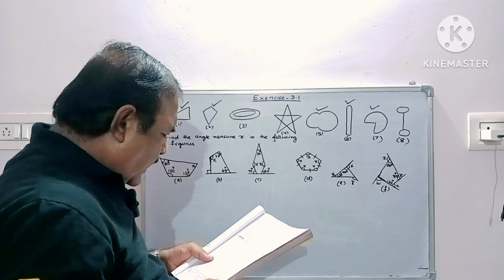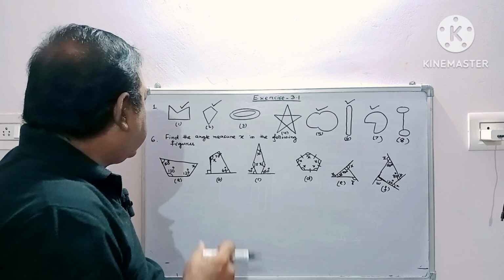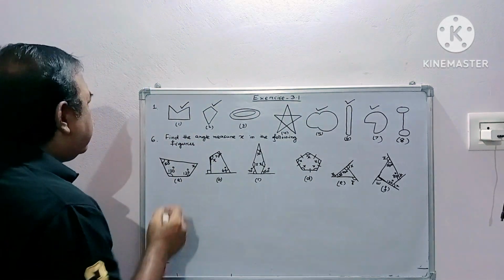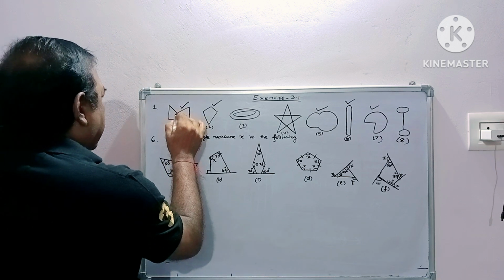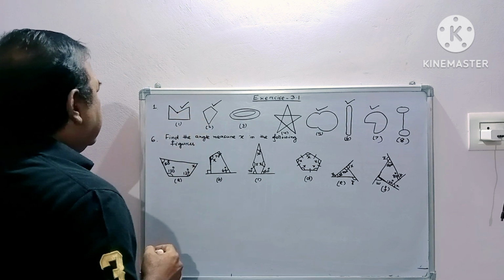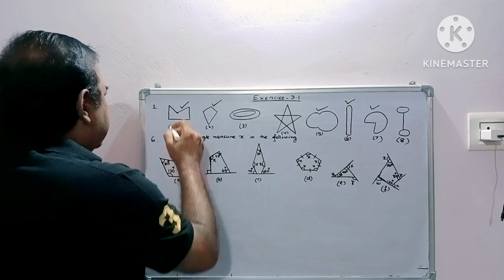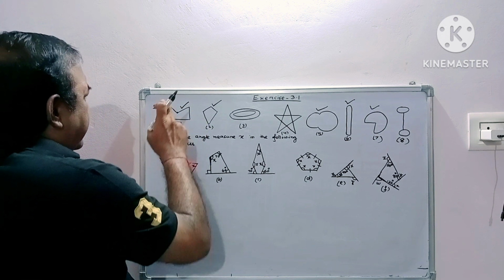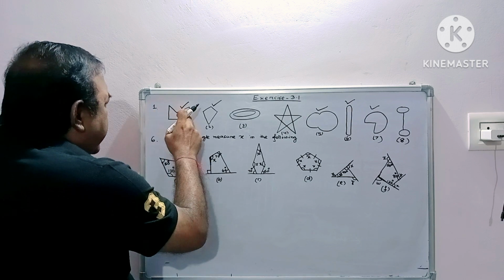Then come to D, we have to pick convex polygon. You see, how do you identify a convex polygon? You see this vertex, this is inward, okay, this is inward. And how do you know whether this is a concave polygon or a convex polygon?